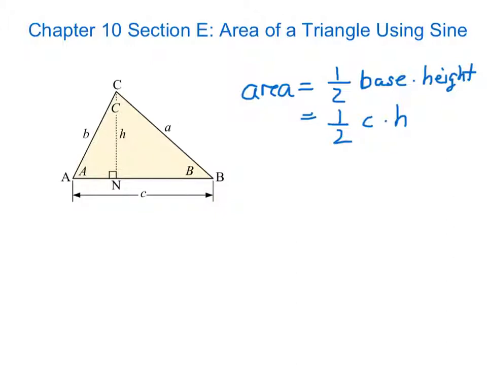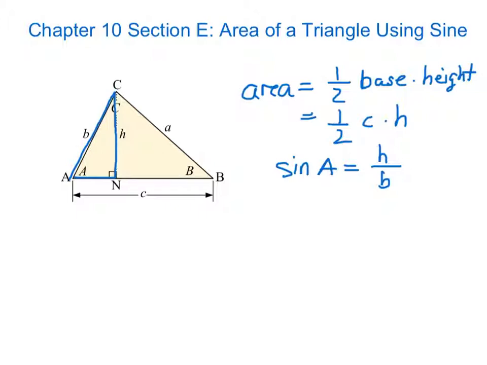Also notice that we have a right triangle here, the right triangle ANC. If I take the sine of angle A, I would get h, which is the opposite, over b, so the opposite side over the hypotenuse.